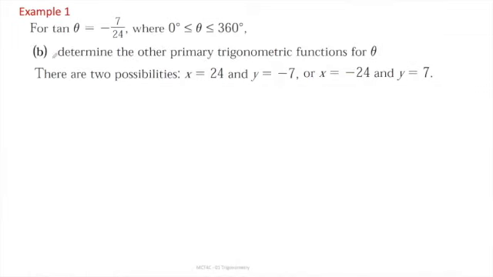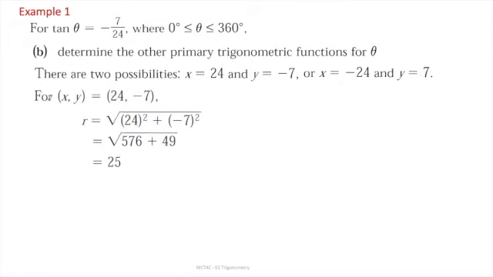Okay, next part of the question, determine the other primary trigonometric ratios for theta. There are two possibilities, x is 24 and y is negative 7, or x equals negative 24 and y is positive 7. So you know that for your point x, y, it's going to be 24 and negative 7.